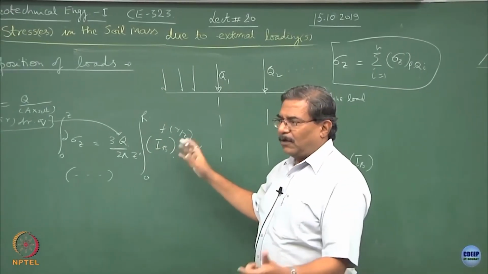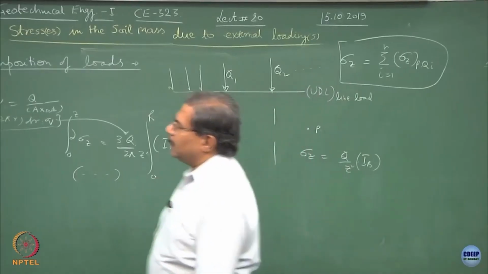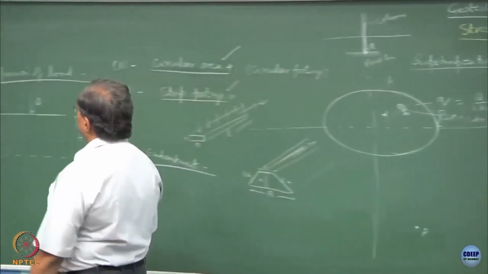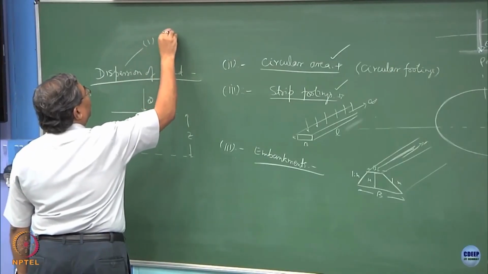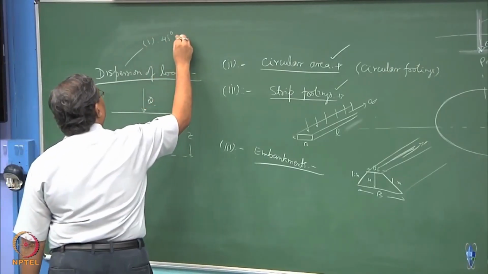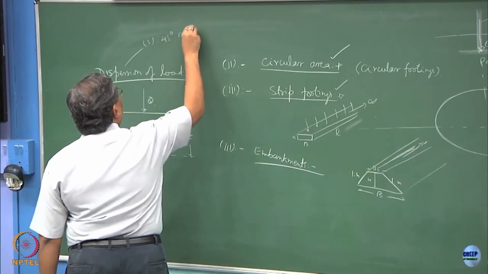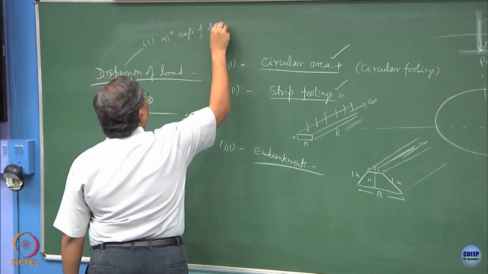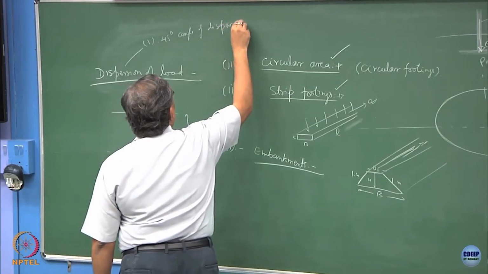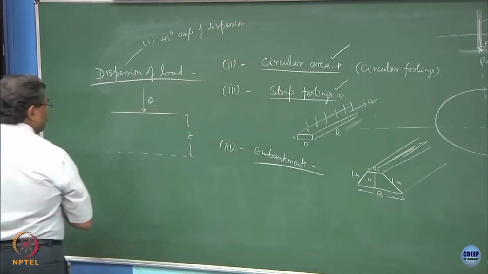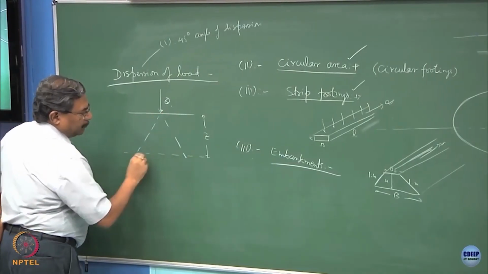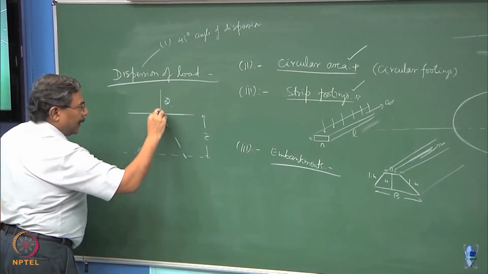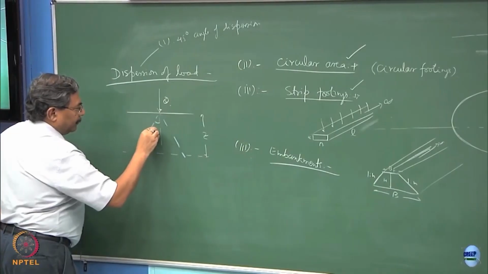What I can do simply is, there are 2-3 ways of dispersion of the loads. The first one is the concept of 45-degree dispersion angle. That means if this is the Q, I will disperse it on this plane at 45 degrees.